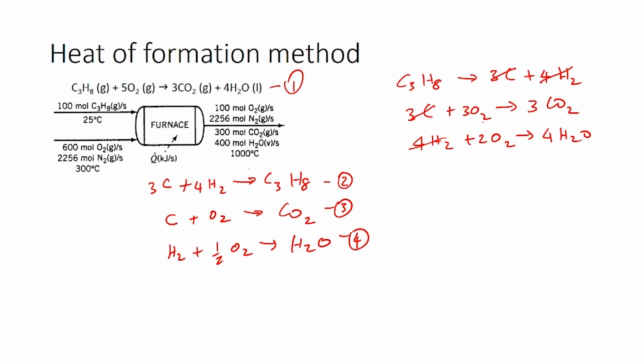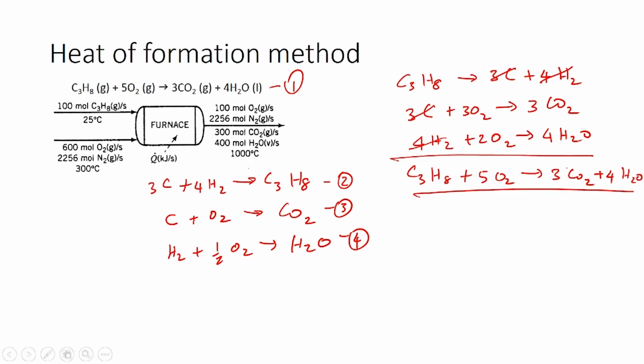So, you now have 3 moles of oxygen and 2 moles of oxygen adding up to 5 moles of oxygen. You have 1 mole of propane. So, this is C3H8 plus 5 moles of oxygen forming 3 moles of carbon dioxide plus 4 moles of water. So, this is equation 1. All we did was multiply equation 3 by 3 and equation 4 by 4 and flip equation 2 to get the equation of interest.